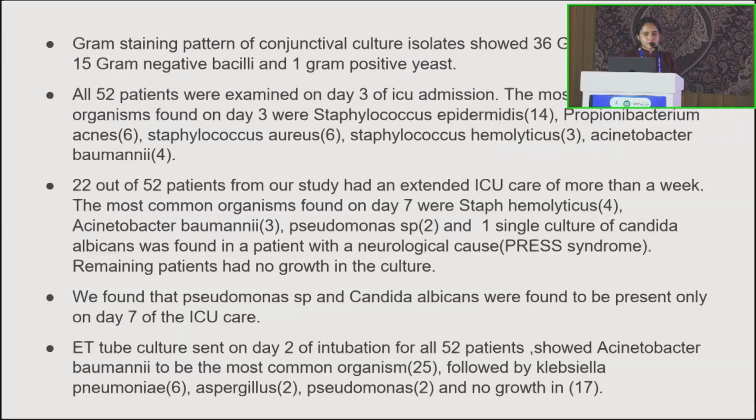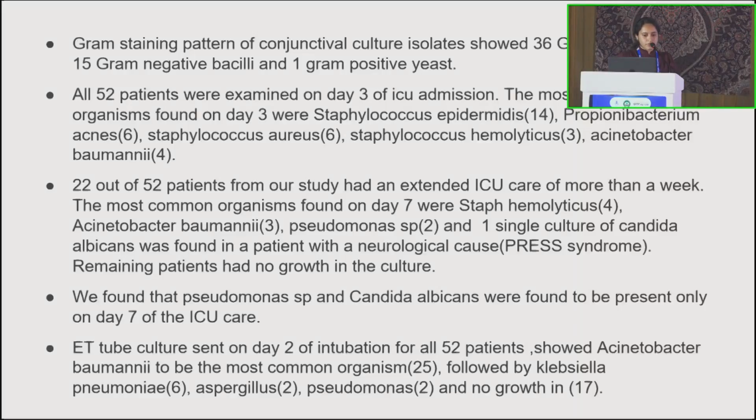Out of the 52 patients, on day 3, the most common organisms we found were Staph epidermidis, followed by Propionibacterium acnes, Staph aureus, Staphylococcus haemolyticus, and Acinetobacter baumannii. In 22 of the 52 patients whose stay extended beyond 7 days, the most common organisms were Staph haemolyticus, Acinetobacter, Pseudomonas, and one single culture of Candida was found in a patient with a neurological cause.